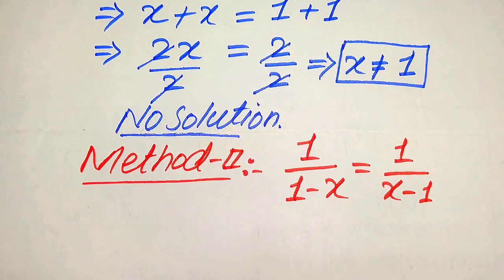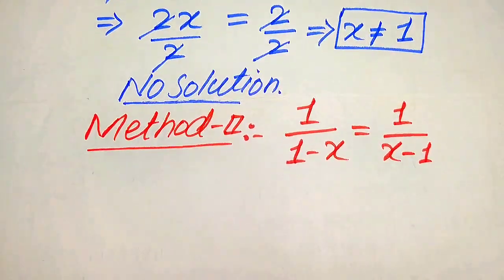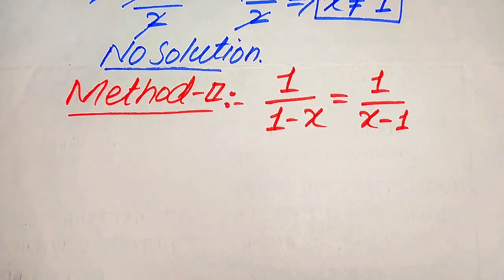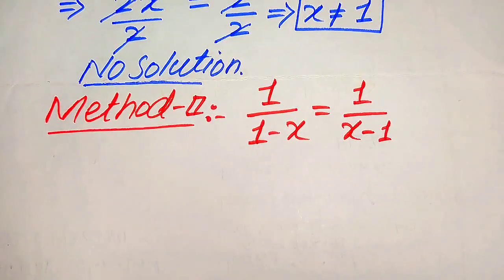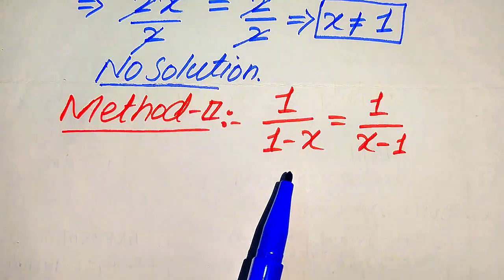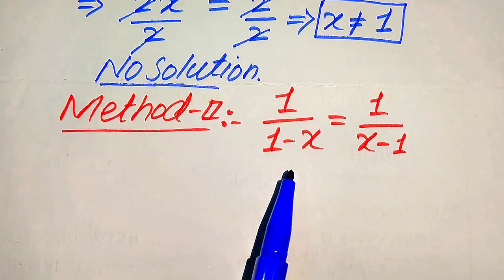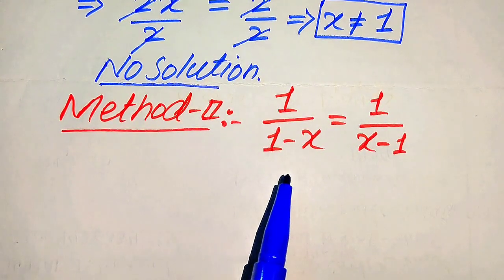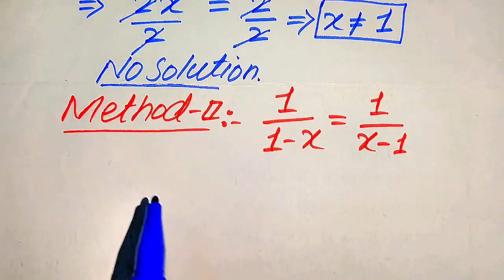In this method, first we need to make the denominators of both of these terms the same, and we will use the LCM technique to solve this problem.